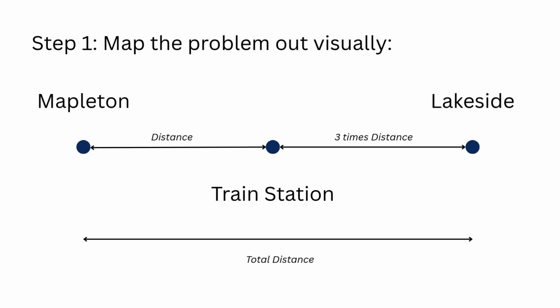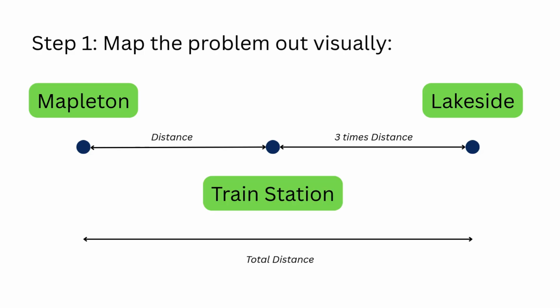Okay, so now let's apply step 1, map the problem out visually. So in this case, we've got 3 locations: Mapleton, Lakeside, and the train station, which is right in between. And in between Mapleton and the train station, we've got a distance. And between the train station and Lakeside, we've got a distance also, which is 3 times the first distance that I mentioned.